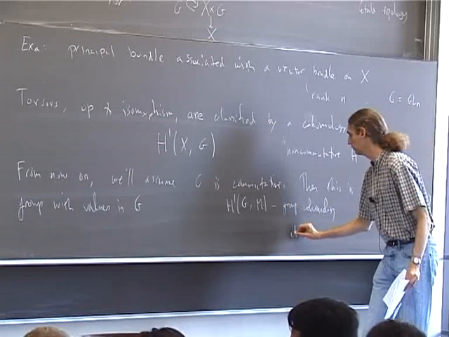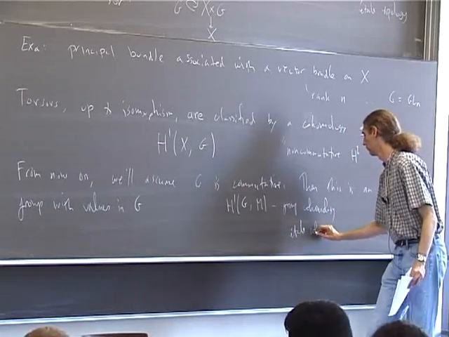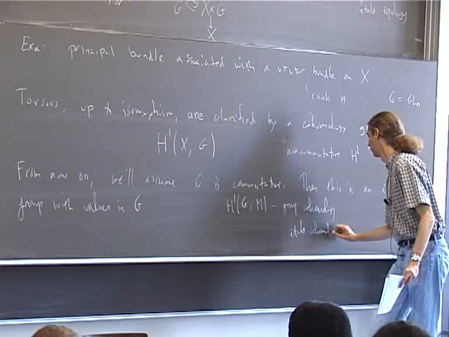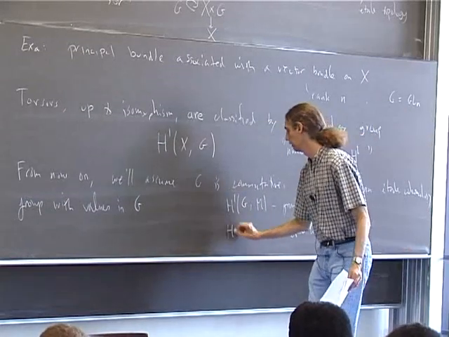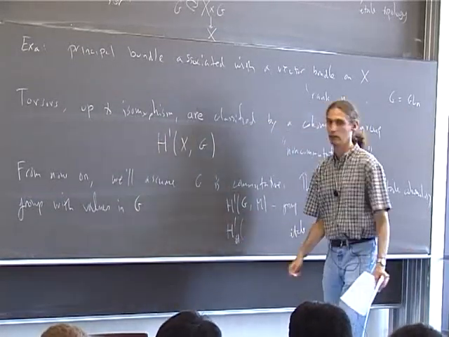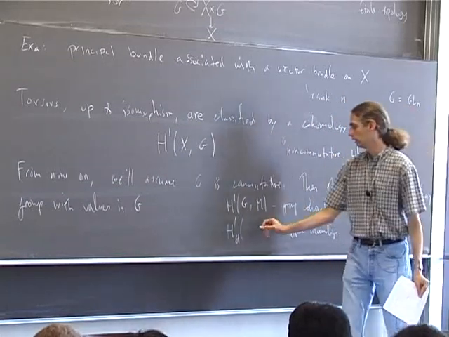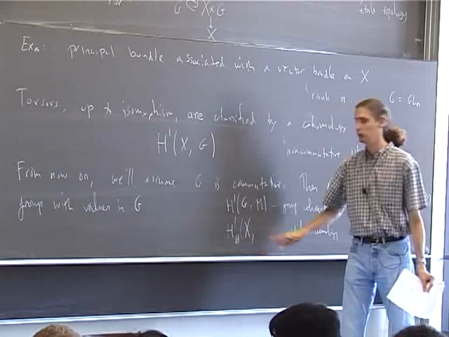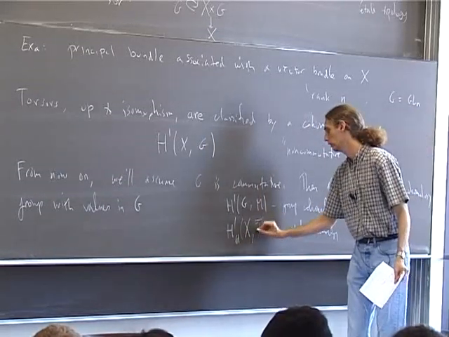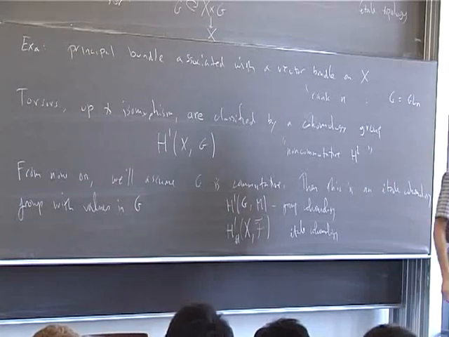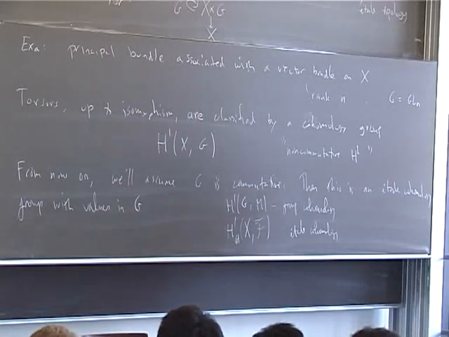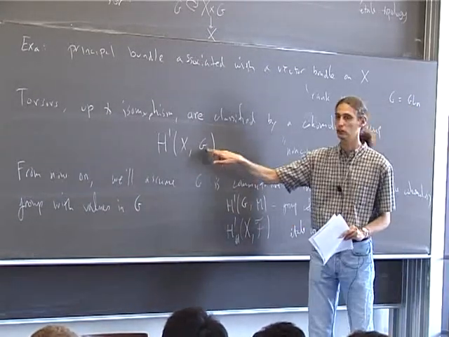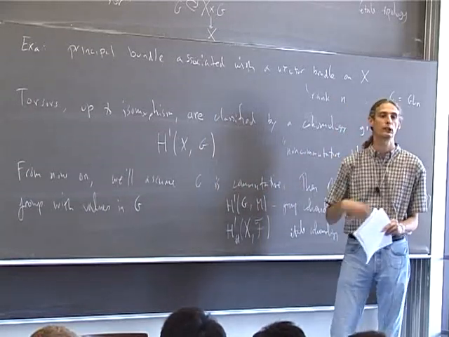And étale cohomology would be H1 of, and here you put some scheme like X, and here you put some sheaf. You can have a general étale sheaf, and in this case you're taking G, the group, and viewing it as a sheaf of groups.